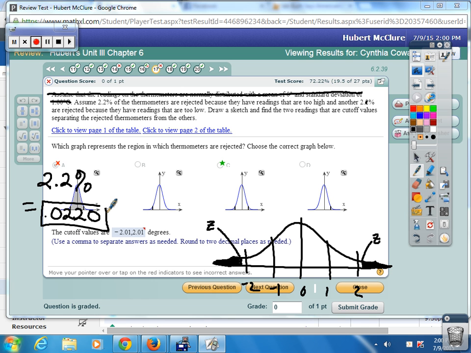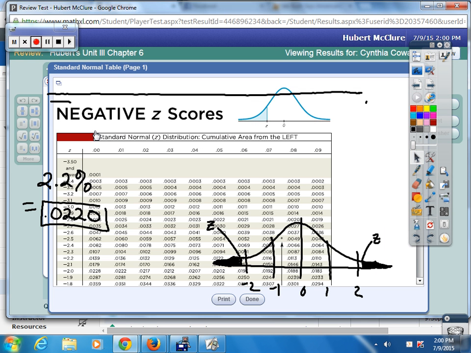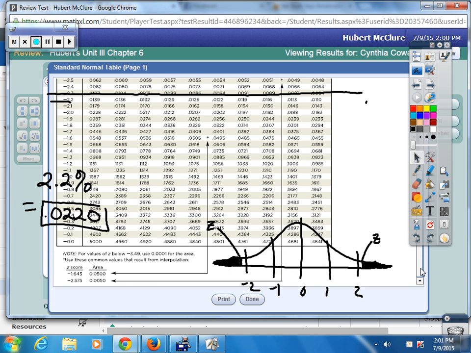So we pull up our handy-dandy table. We're looking for 0.0220. What's closer to 0.0220? Oops, that's the wrong one. 0.0220, where did we go?